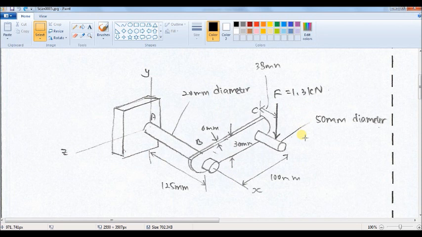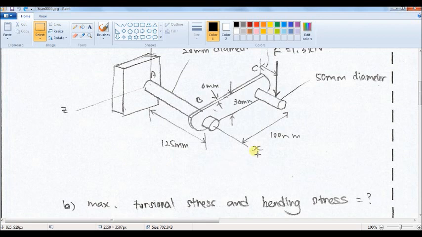If I draw the problem here, first I would like to analyze the arm BC.